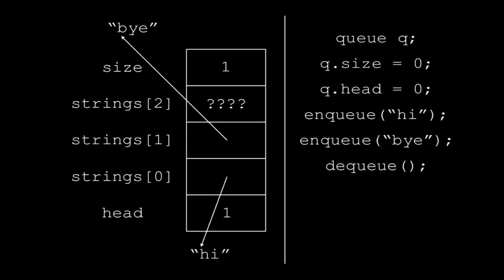We'd have to shift from string sub 1 to string sub 0, and string sub 2 down to string sub 1. And we'd have to do this for the entire array of elements. And when we're doing this with an array, that gets really costly, right?